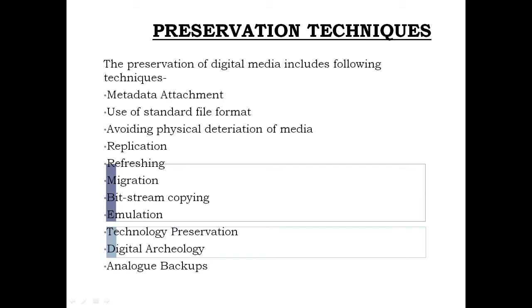Second one is use of standard file format. File format should be widespread, backwards compatible, often upgraded, and ideally open format.